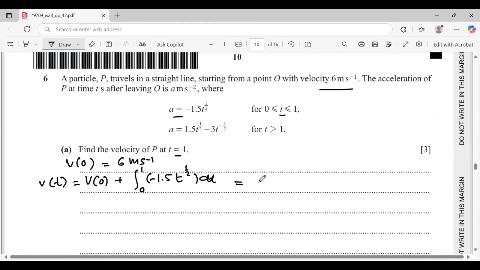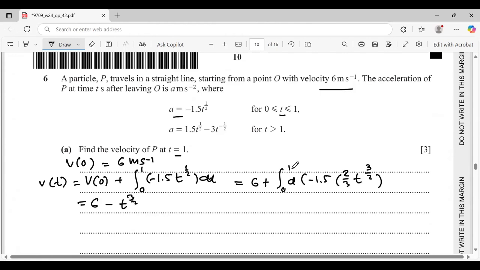The initial velocity is 6, plus the integral from 0 to 1. The integral of this function is minus 1.5 times 2/3 t to the power 3/2. And this becomes 6 minus, if you calculate, minus 1.5 and 2/3 becomes t power 3/2.